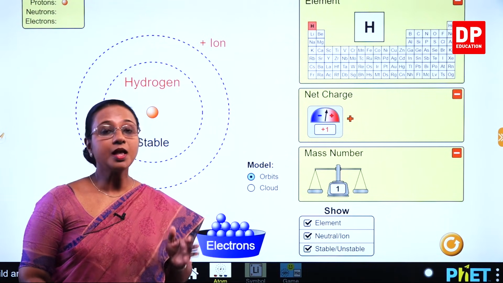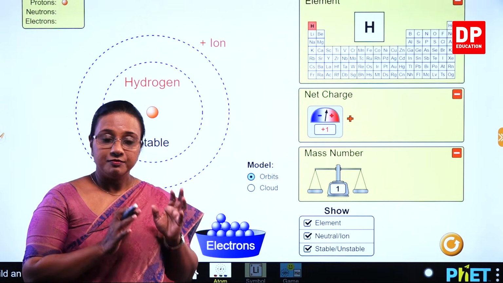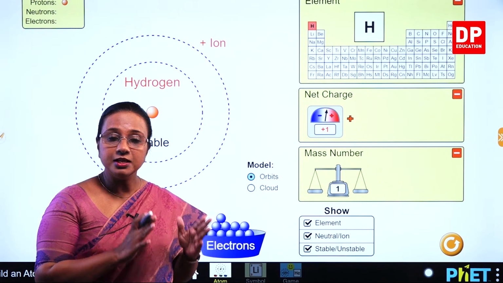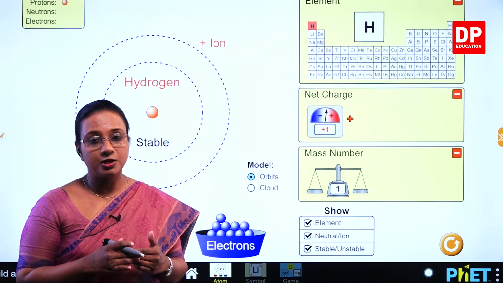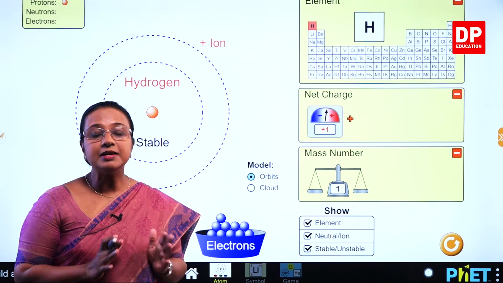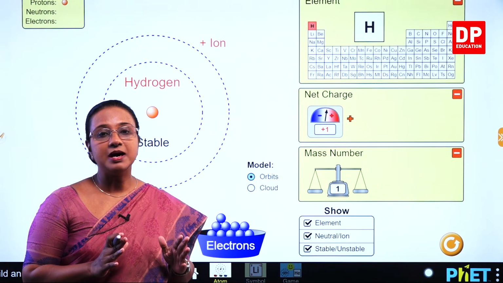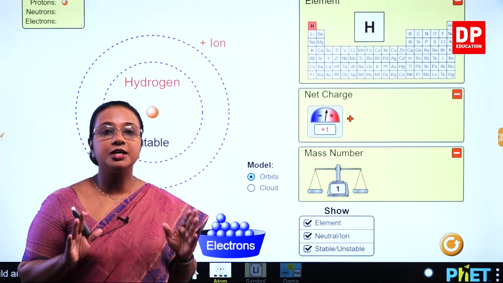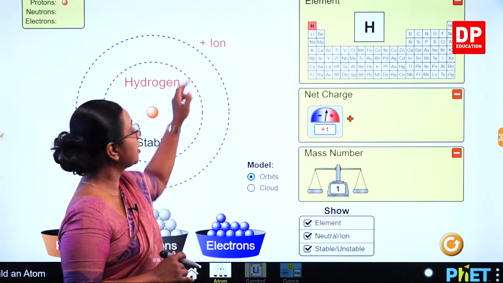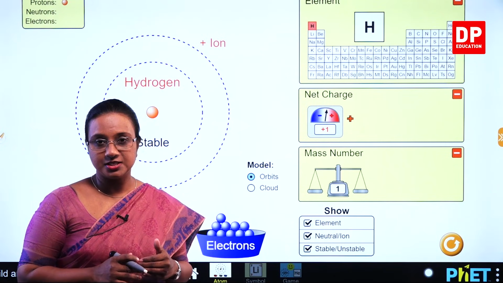But whether the atom of an element is in the neutral atomic state or an ionized state, the atomic number and the mass number do not change. It is the same. Only the number of electrons changes.